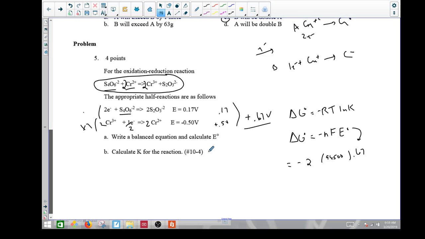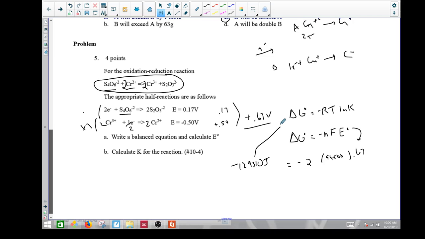So negative 2 times 96,500 times 0.67 equals a negative 129,310. This is in joules per reaction cycle for that reaction.